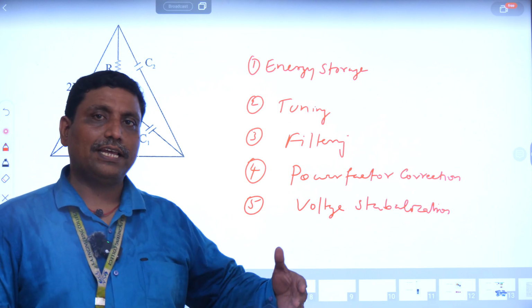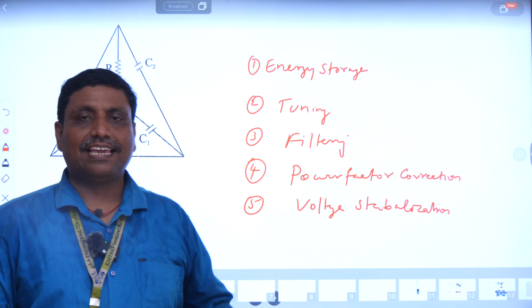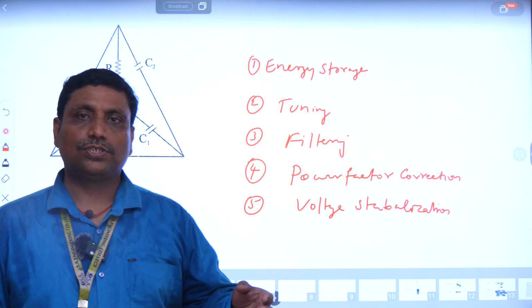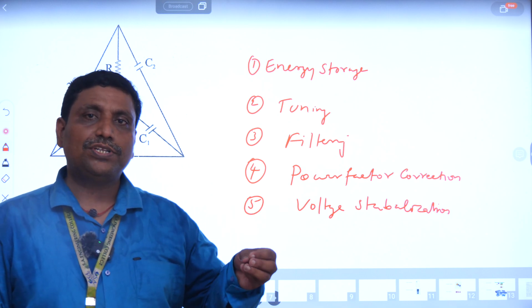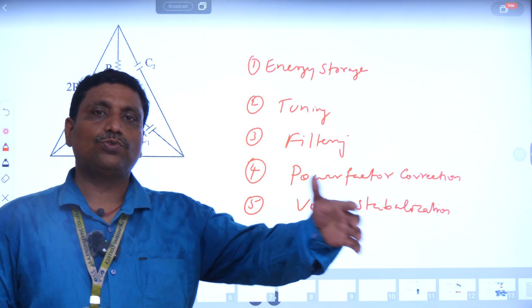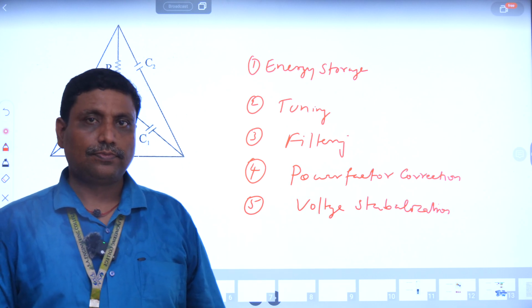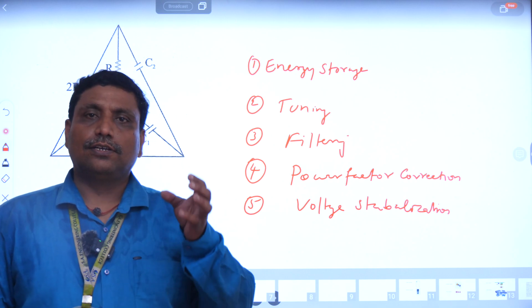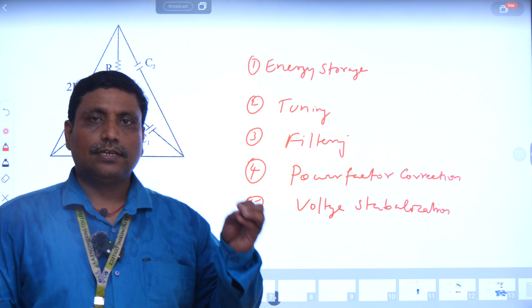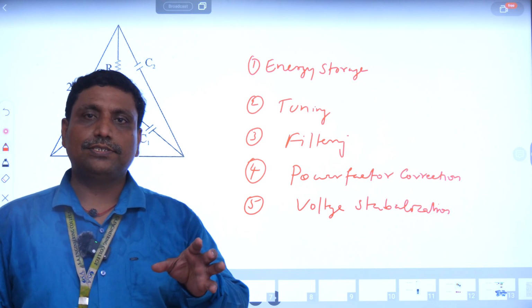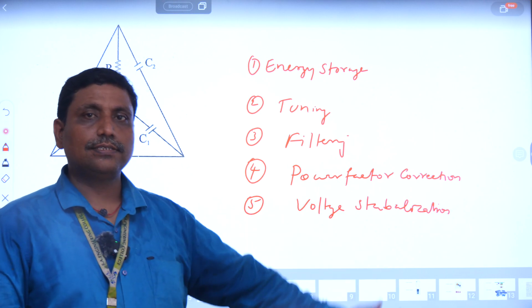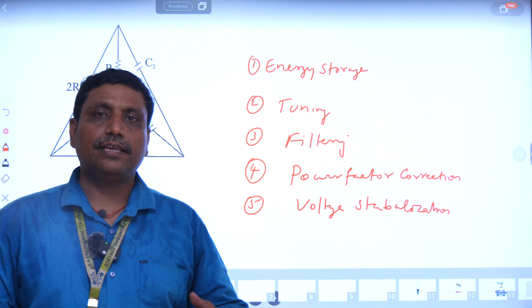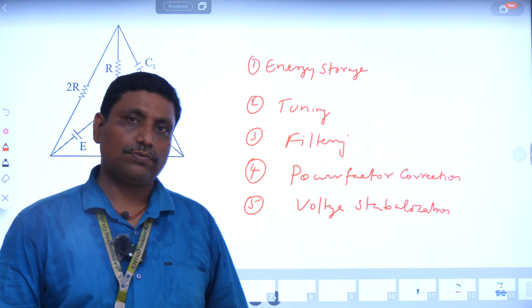If you give a supply to this capacitor, the capacitor starts to charge up to a voltage level equal to the supply voltage. Clear? It holds the charge for a longer period. If the supply voltage is disconnected, it immediately delivers the energy to the circuit.